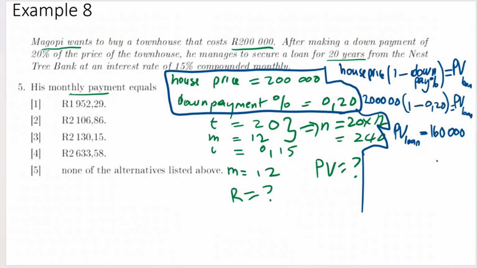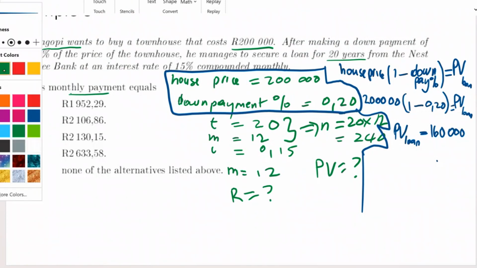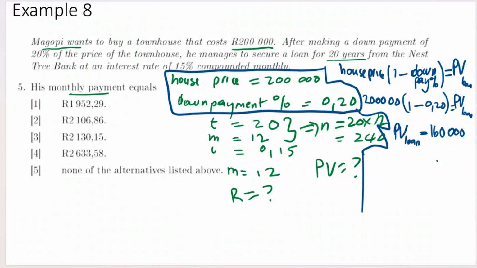Now that you've got your PV loan, you can calculate your R, because you are asked to find your R, not your PV loan. You only didn't know the present value of your loan. You know that your PV is equal to R a n i.